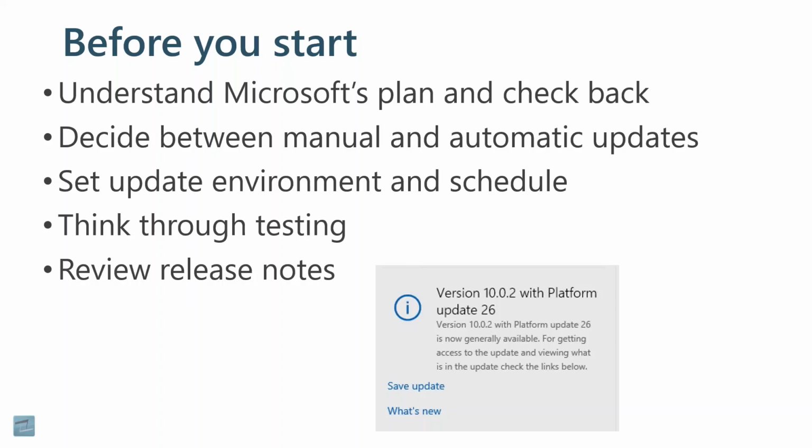If you're doing automatic, then you need to say which environment and the date, the weekend that it would be updated. The other thing is you need to think through your testing. So with at least quarterly updates, that means that there should be some level of testing that's happening quarterly. For some clients, that's new. They didn't have to do that level of testing in the past.